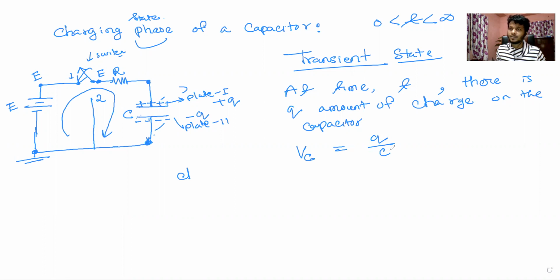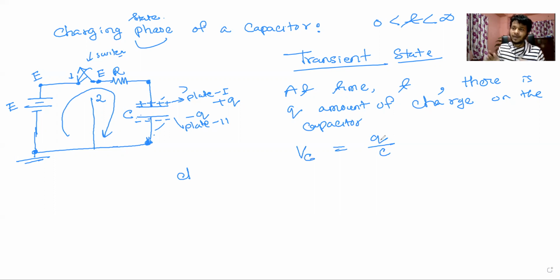Charge upon capacitance. So at time t, the charge on this capacitor is q, and the capacitance of this capacitor is c. So the potential across this capacitor is V equals q by c, isn't it?